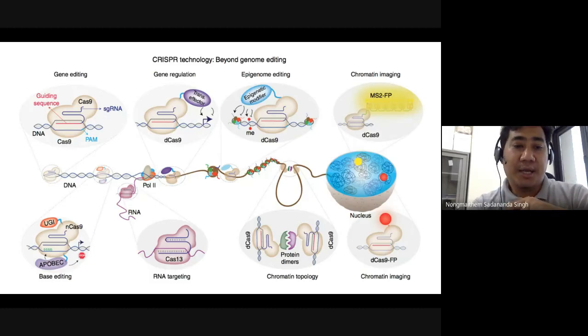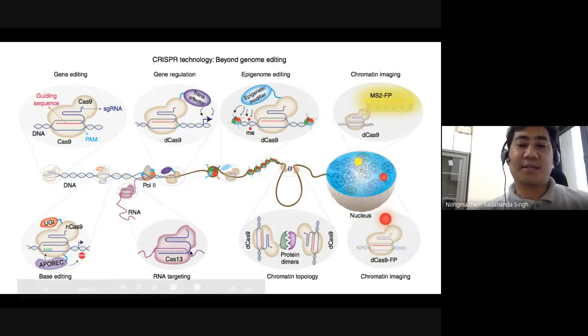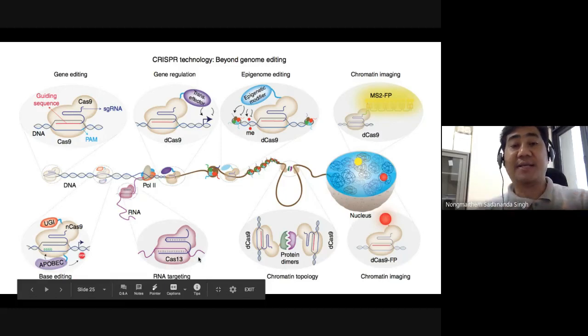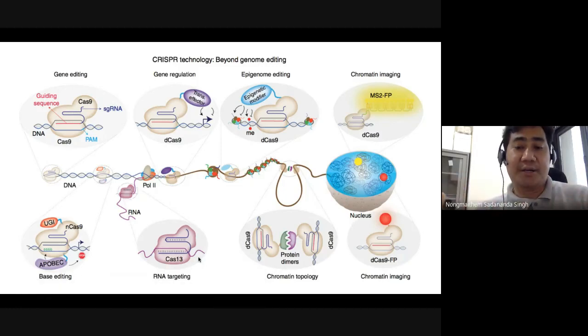And one more important thing that has come out is that when we analyze the genomes of different organisms and try to find proteins related to Cas proteins or CRISPR associated proteins, people have found different types of Cas proteins, and recently it has come out that there are Cas proteins which target RNA.